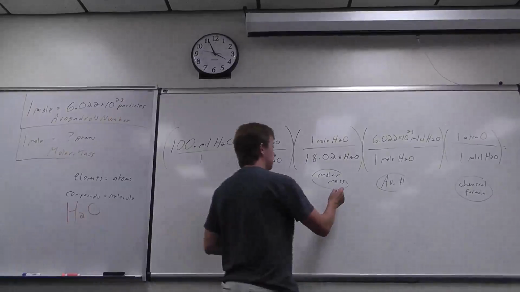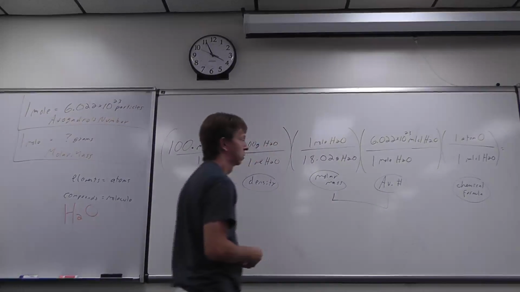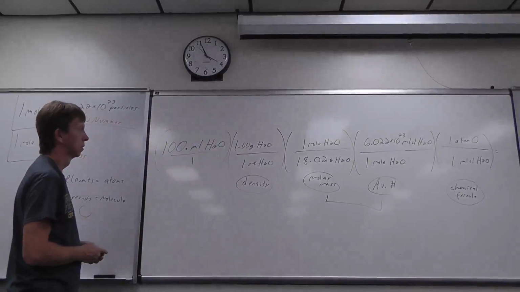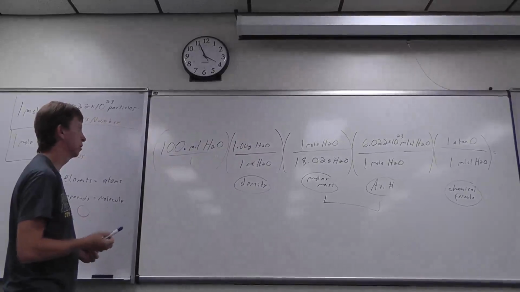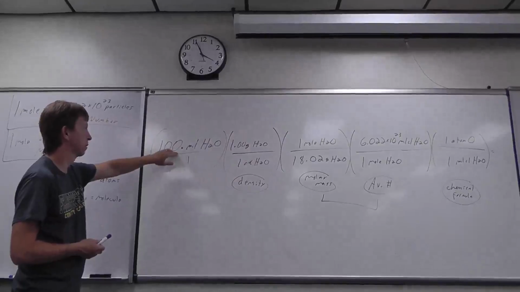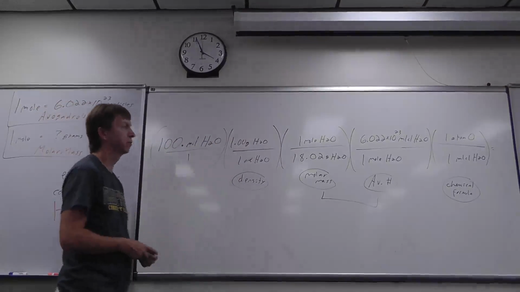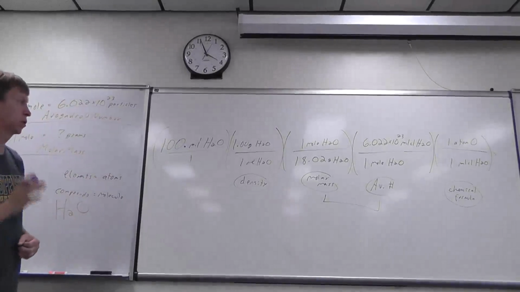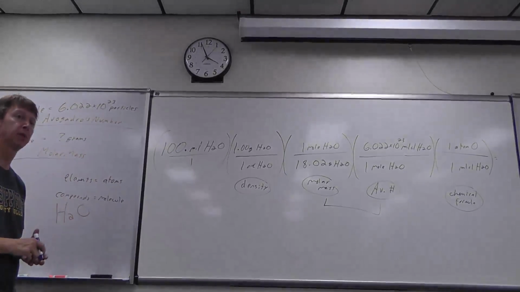So here's the mole relationships we used before. Molar mass relates grams to moles, but we weren't starting with grams, we were starting with milliliters, and that's what we needed the density for. And that last step is new, because that's where we're going from the total compound down to the individual atoms of that compound.